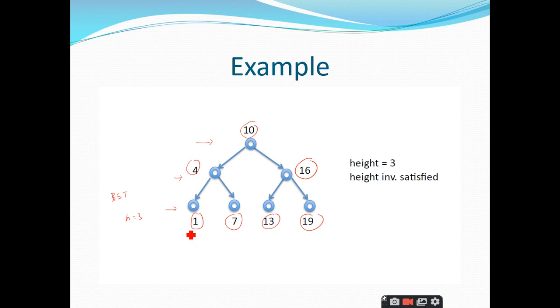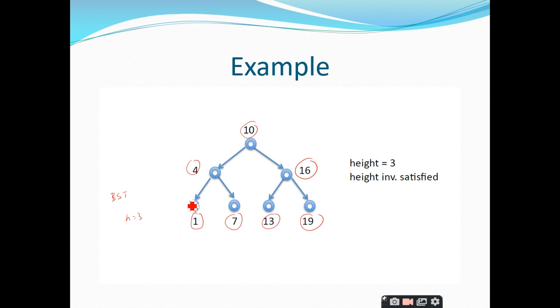You will say that the entire tree satisfies the height invariant whenever each and every node satisfies the height invariant property. So if you look at the last node, which is the leaf node 1, what is the balance factor here? Does it have any left child?